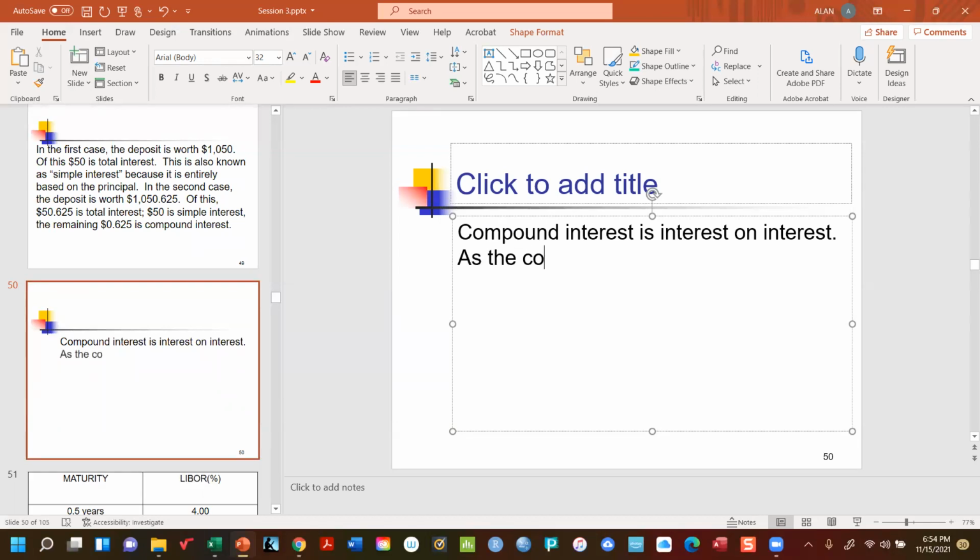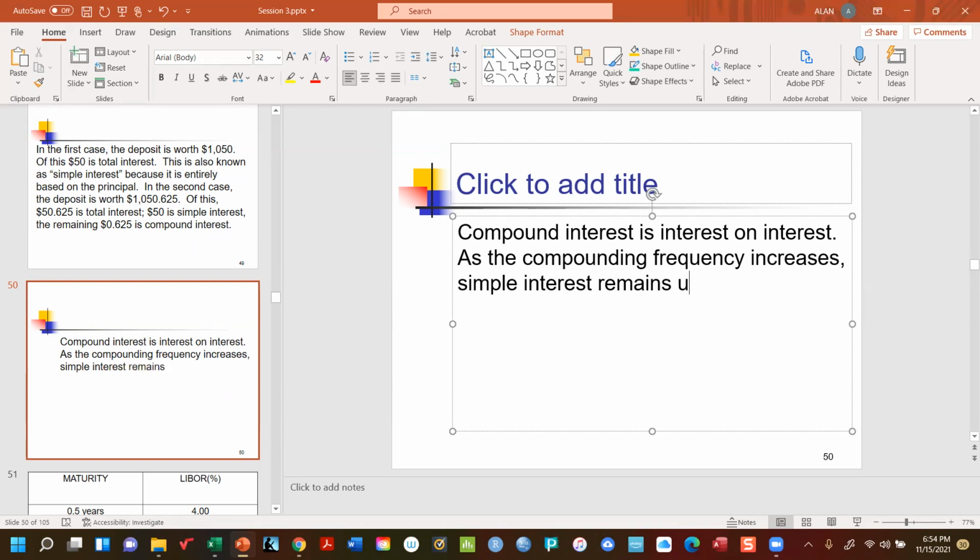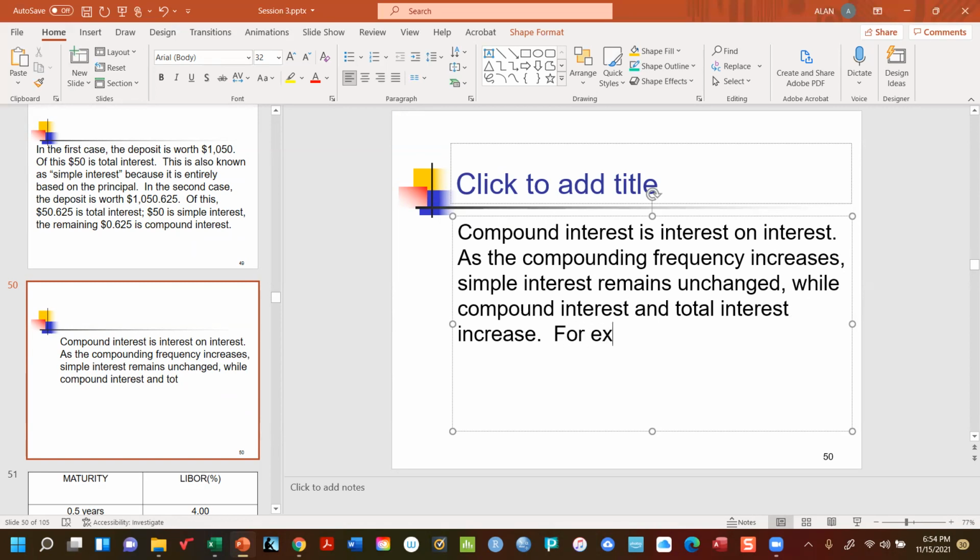As the compounding frequency increases, simple interest remains unchanged, while compound interest and total interest increase.